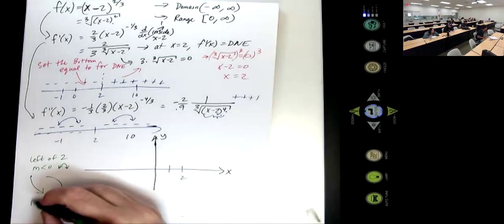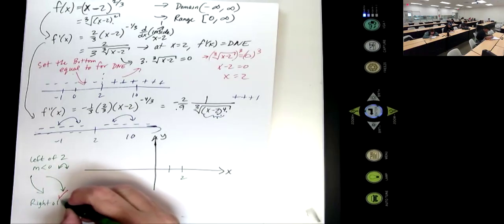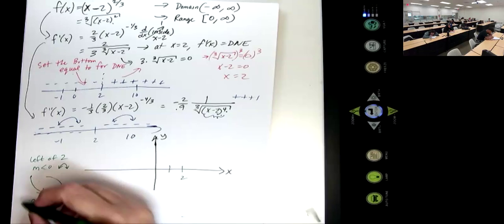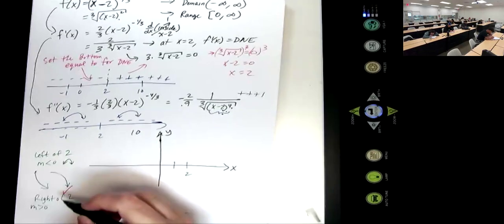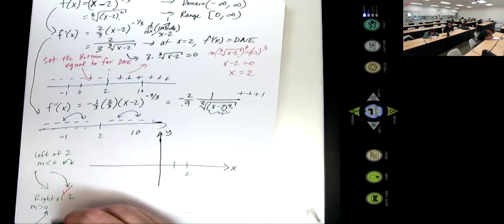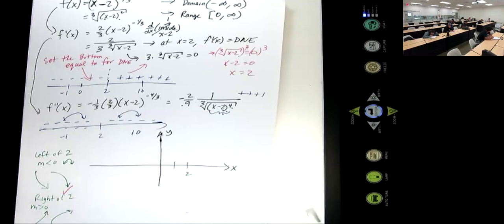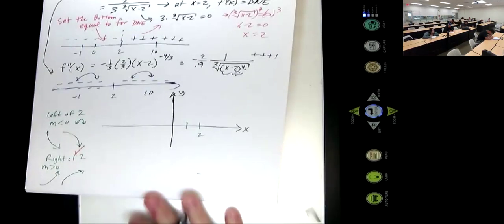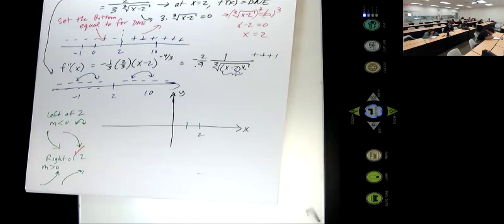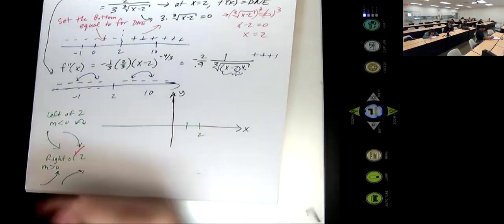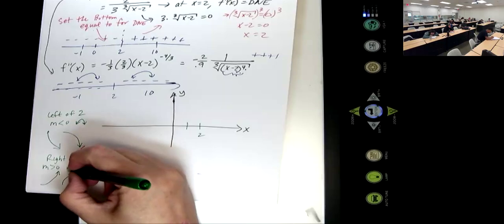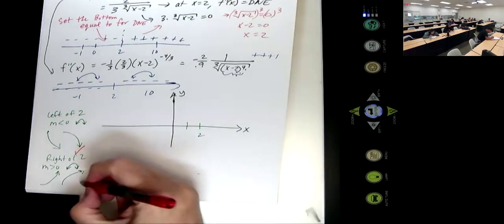To the right of 2, we have m is greater than 0, which means it can do this, or it can do this. Both of those have a positive slope. Concave down is saying it's doing this.